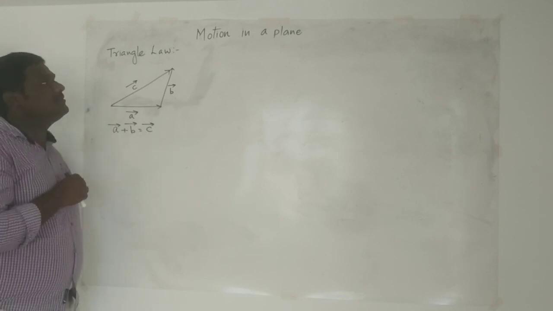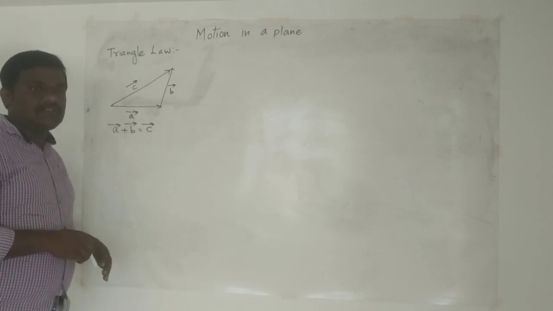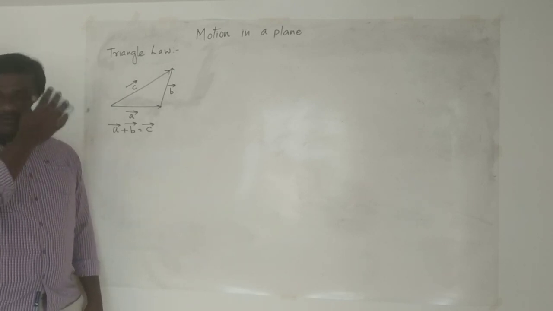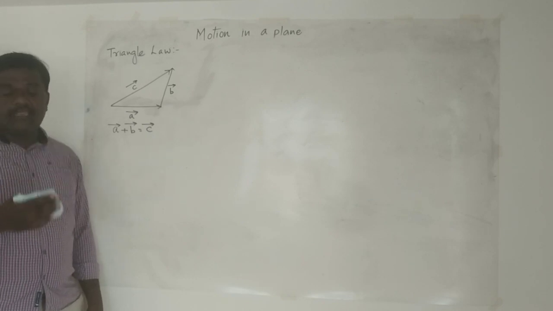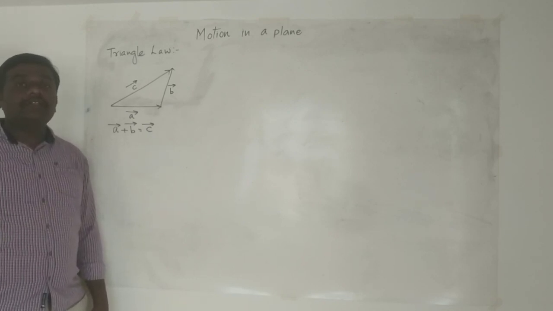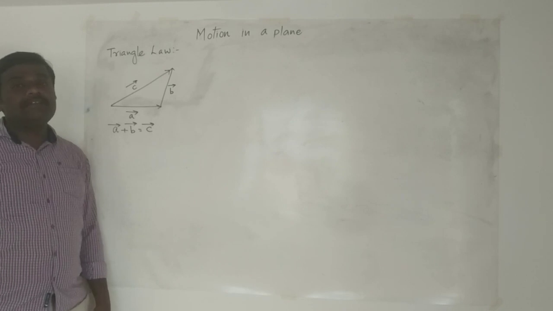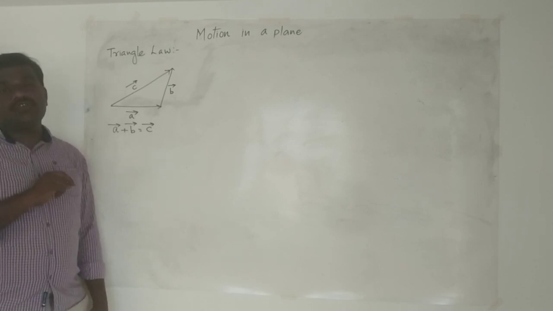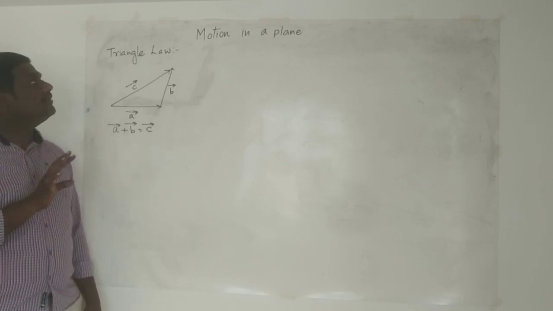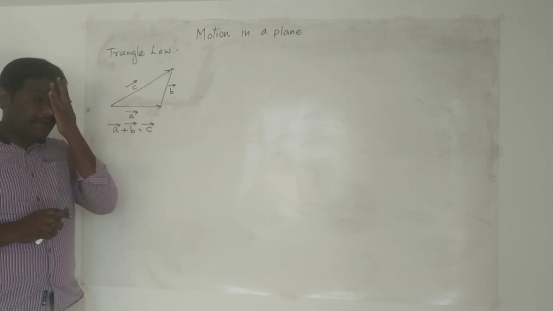So that is what the triangle of vector addition says. I repeat: if two vectors are taken as two sides of a triangle taken in order, both in magnitude and direction, the third side of the triangle taken in reverse order represents the resultant of these two vectors, both in magnitude and direction, which represents the triangle of vector addition.